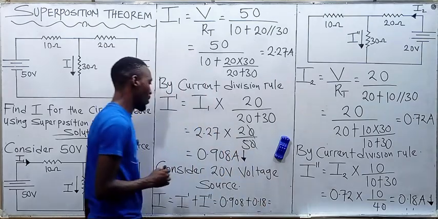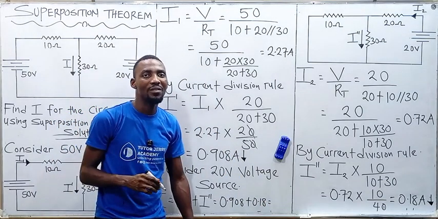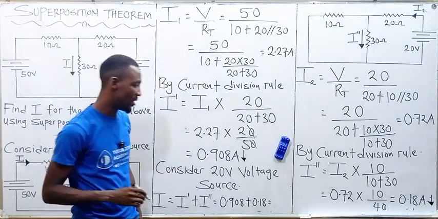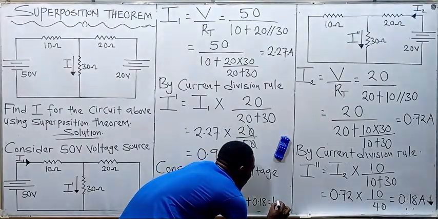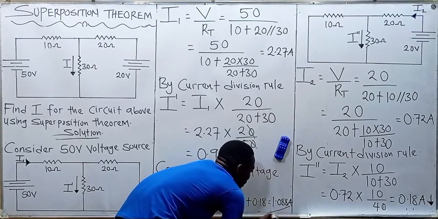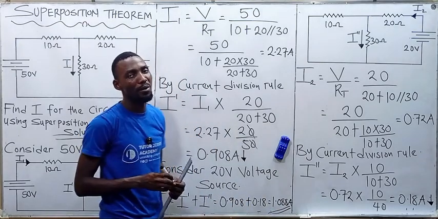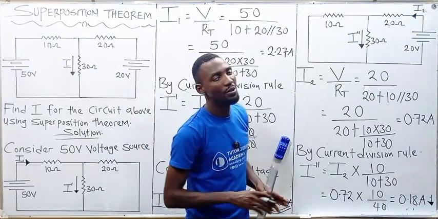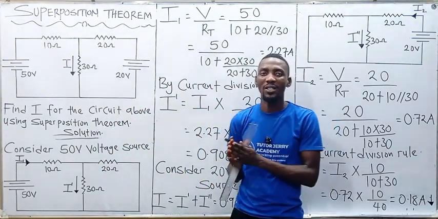So this will be equals to, if you add this together, you're going to have this to be 1.088. So this is going to be 1.088 ampere. So this is the solution to the above question. I hope the question is well understood and well simplified.